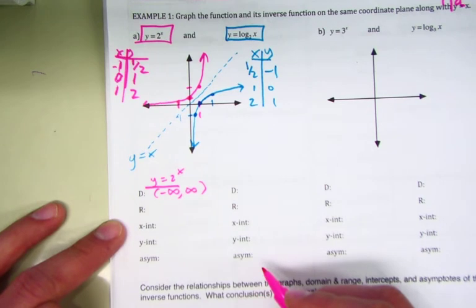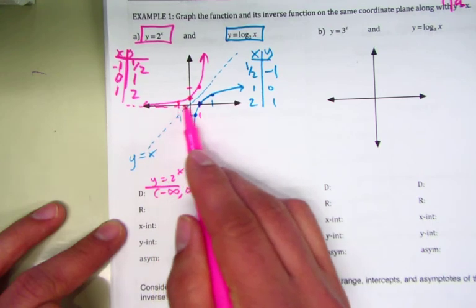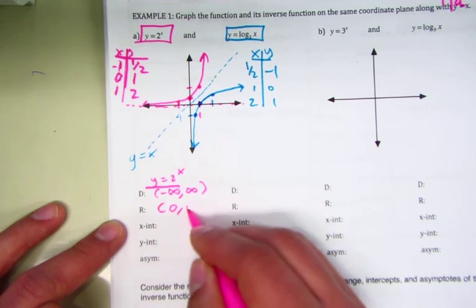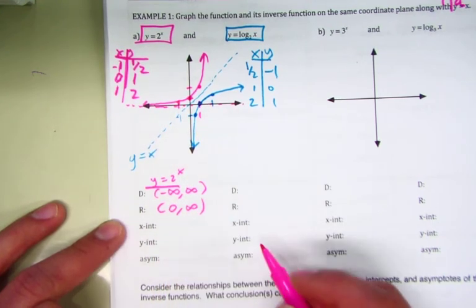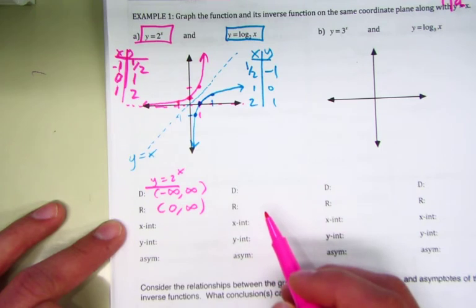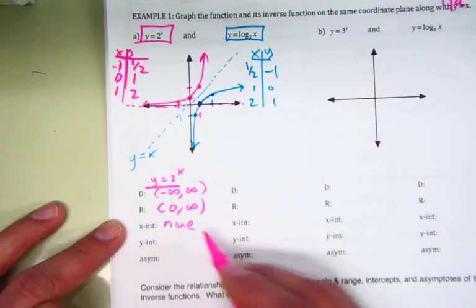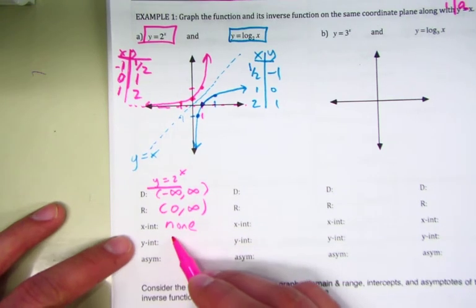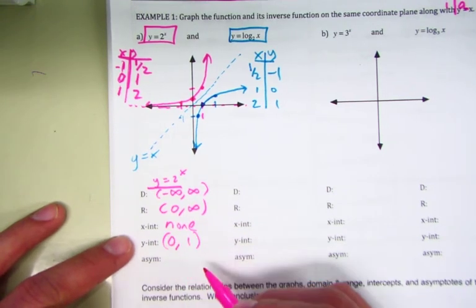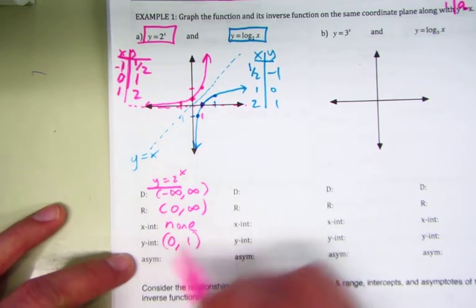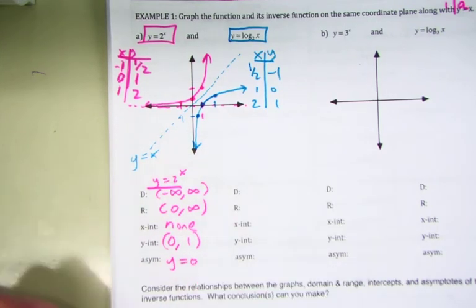What's the range? 0 to infinity, very good. What's the x-intercept? It does not have one. What about a y-intercept? Okay. And again, y equals 0 is the asymptote.